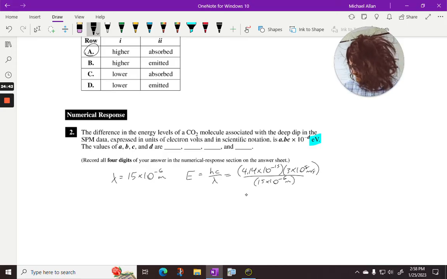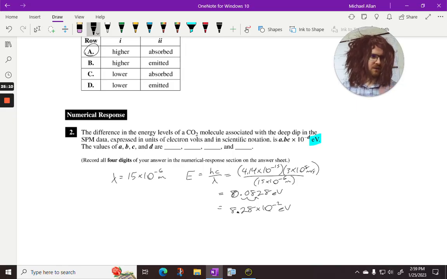Okay, so when I do this, my calculator spits out 0.0828. Now they want scientific notation, so you've got to move this over twice. So 8.28 times 10 to the negative 2 electron volts. That's really low energy, so it must be not visible.